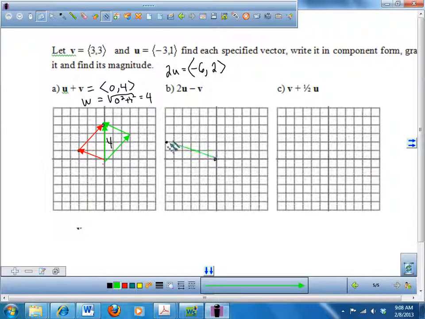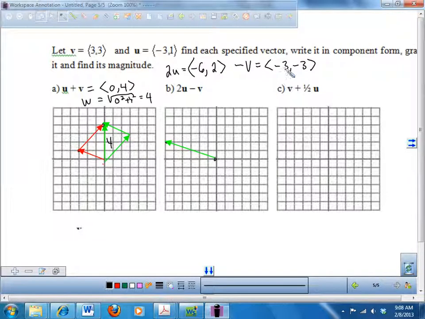And then minus v means instead of going over 3 and up 3, minus v is going to look like back 3 and down 3, right? So that would be back 3, 1, 2, 3, and down 3. So I go around this graph.